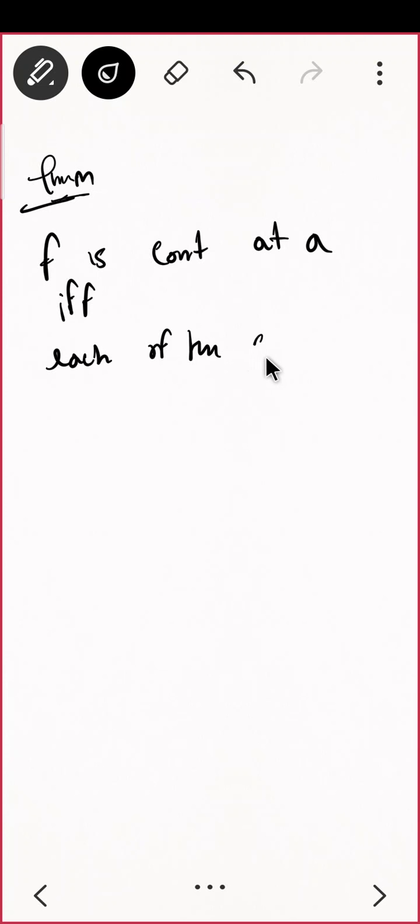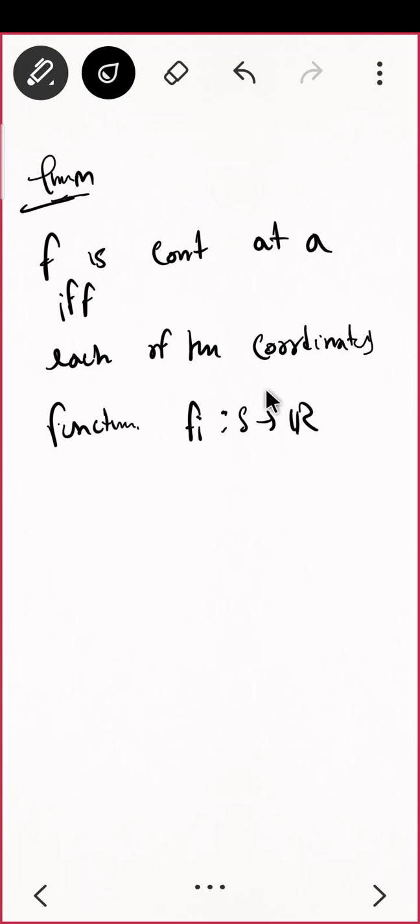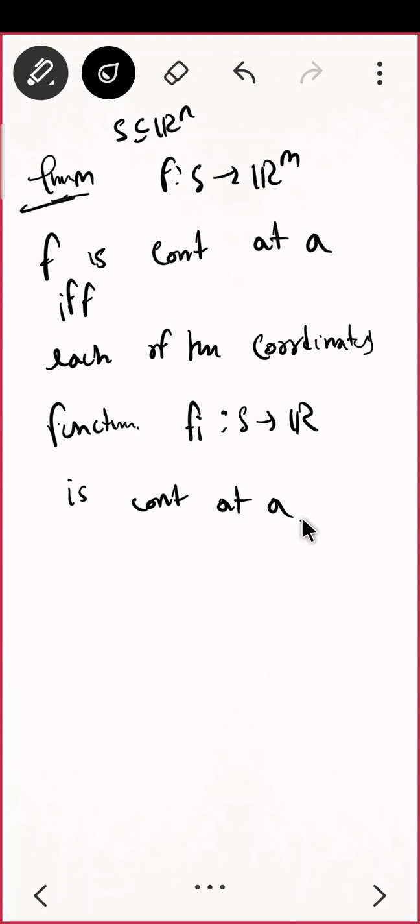That means what? f is continuous at a if and only if each of the coordinate functions fi, that is fi will be from S to R, where f was from S to Rm. What was S? S was contained in Rn. Okay, each of fi is continuous at a. That's it.